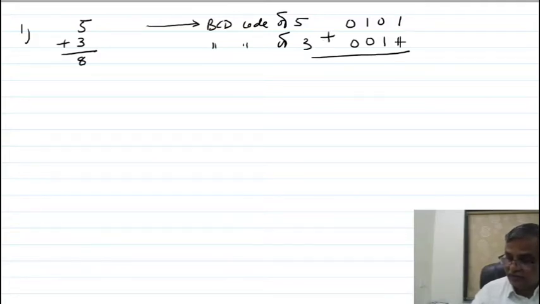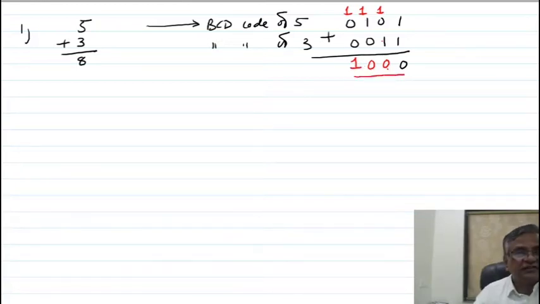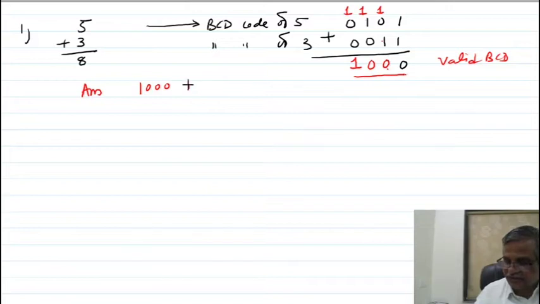This 1 plus 1 is 10, 0 and carries 1. 1 plus 1 is 0, carries 1. So this result is a valid result because it is less than or equal to 9. So this is your valid BCD. So the answer is 1000, that is 8.